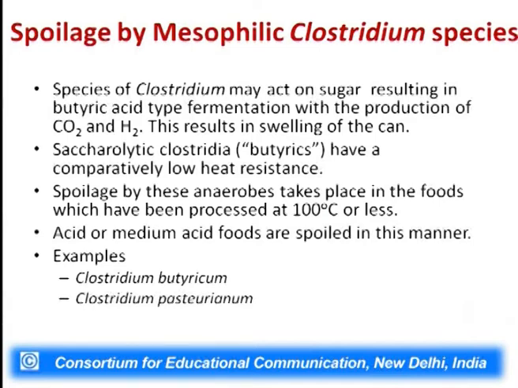Spoilage by these anaerobes takes place in the foods which have been processed at 100 degrees centigrade or less. Acid or medium acid foods are spoiled in this manner. Examples of Mesophilic Clostridium species causing saccharolytic spoilage are Clostridium butyricum and Clostridium pasteurianum.